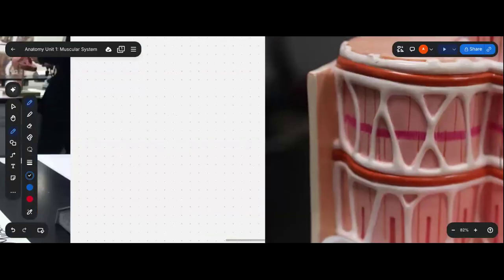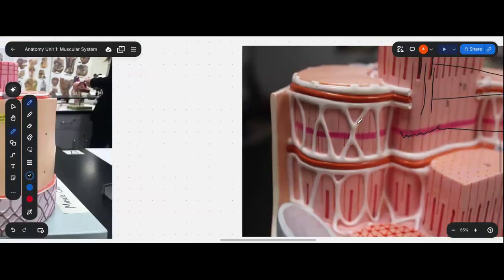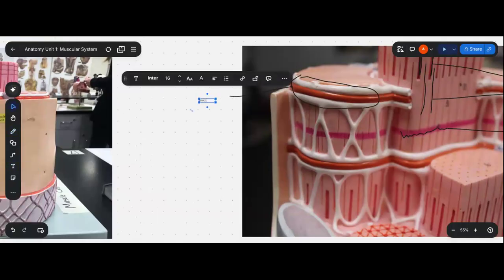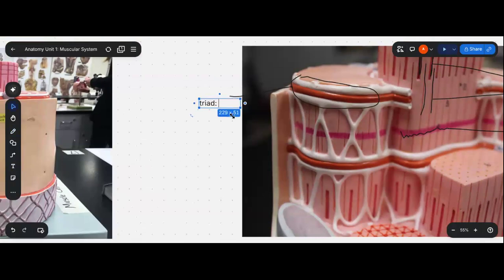Now getting back over here, we see that we have our triads. So these three lines over here, the white, orange, and then white again, that is your triad. Within the triad, you have two terminal cisternae.